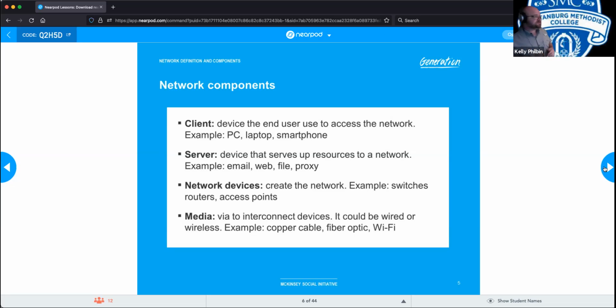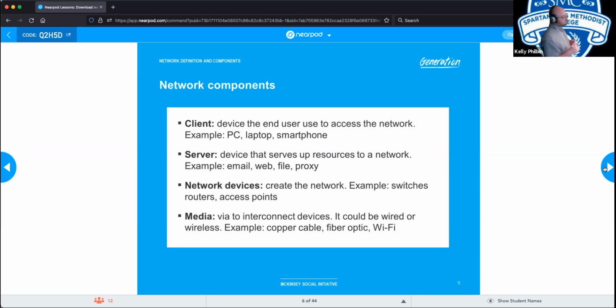A network device helps to create the network itself. It facilitates that communication. So your hubs, your switches, your routers, access points, wireless access points, and various other things help facilitate that communication amongst the network. It provides a pass-through of that information.